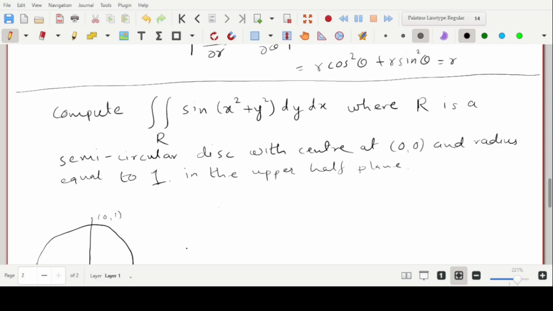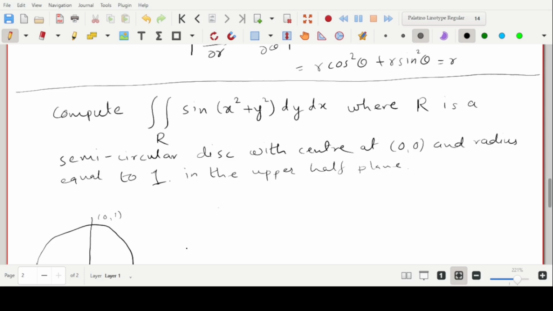sum r square cos square theta plus r square sin square theta, and cos square theta and sin square theta will add up to 1 after factoring out r square, and that will simplify the expression just to r square.